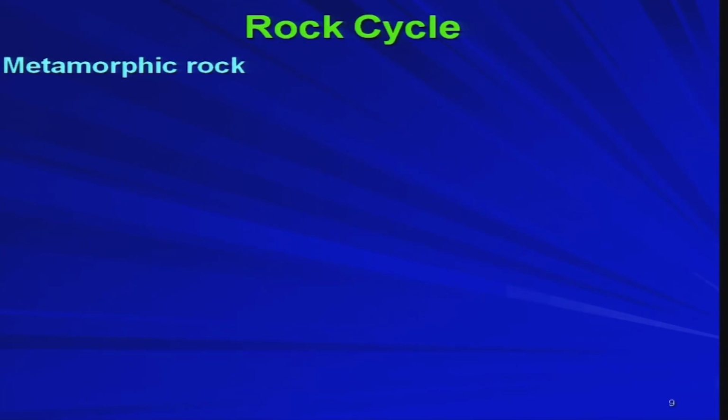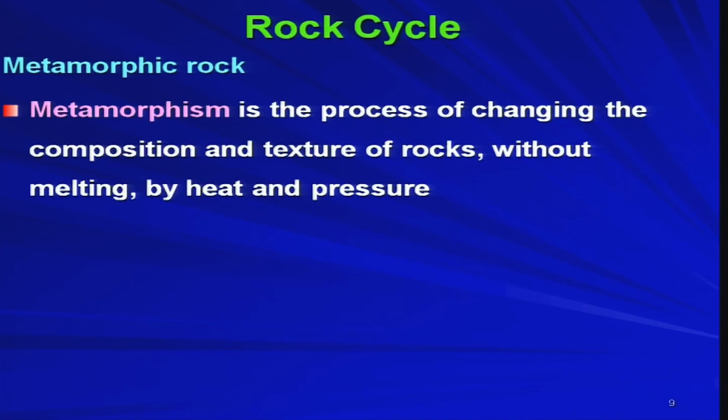Then coming to the third group of rock, that is metamorphic rock. Now, what is metamorphism? Metamorphism is the process of changing the composition and texture of rocks without melting by heat and pressure.